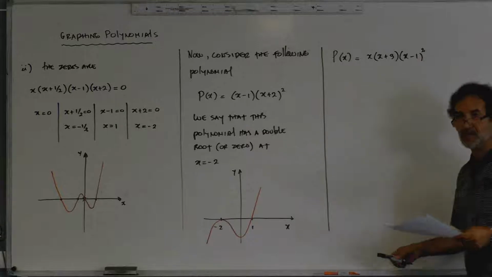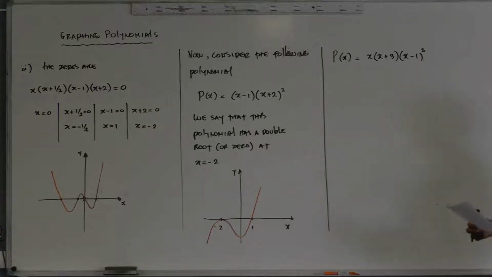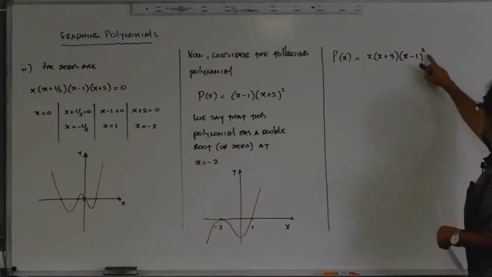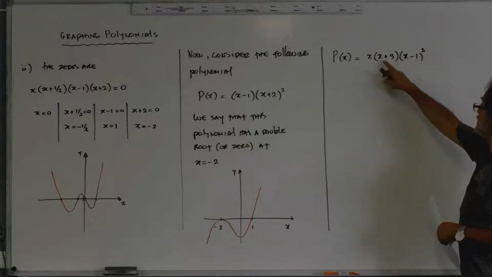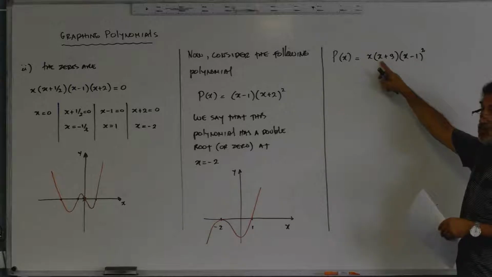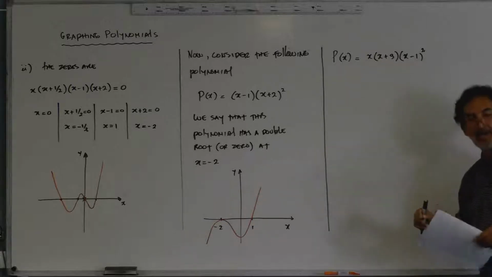First of all, you're going to tell me what sort of polynomial this one is. Is this a quadratic, cubic, or quartic? The reason is that this is squared, and then a square multiplied by x will give you a cube, and then when you multiply the cube by the other x, it's going to be to the power of 4.